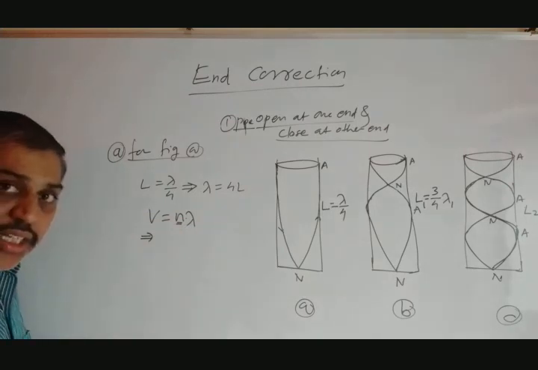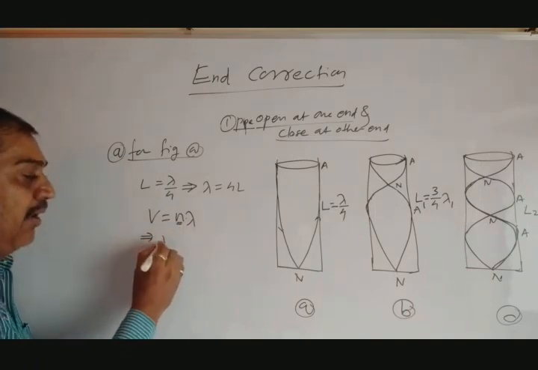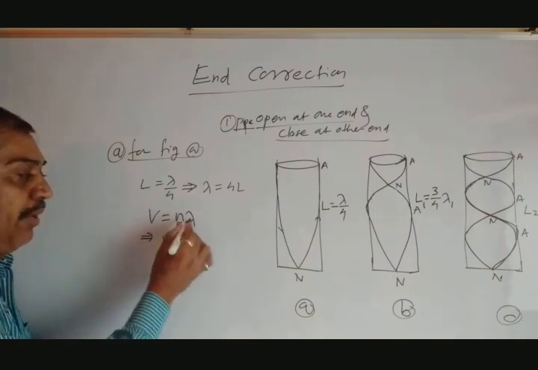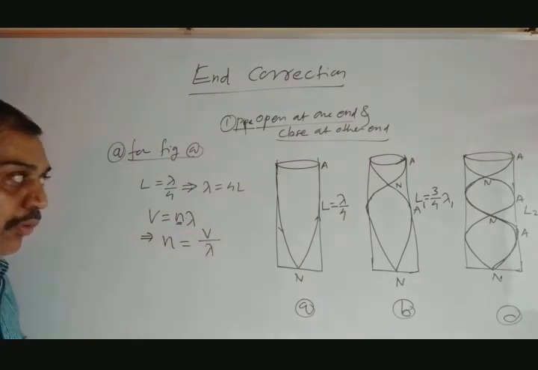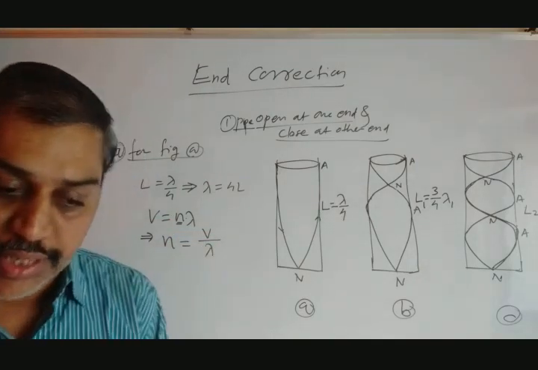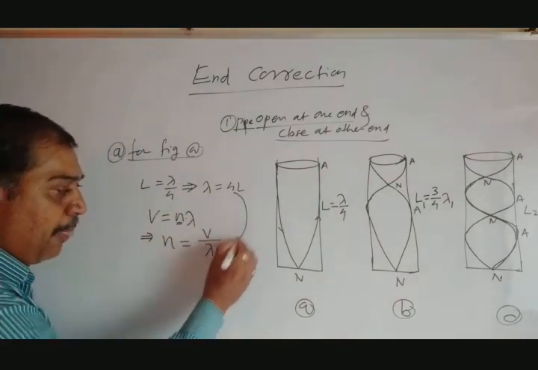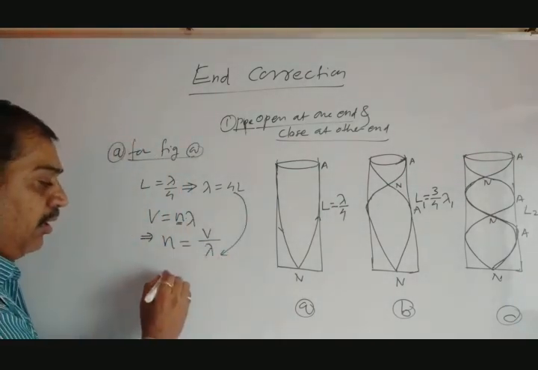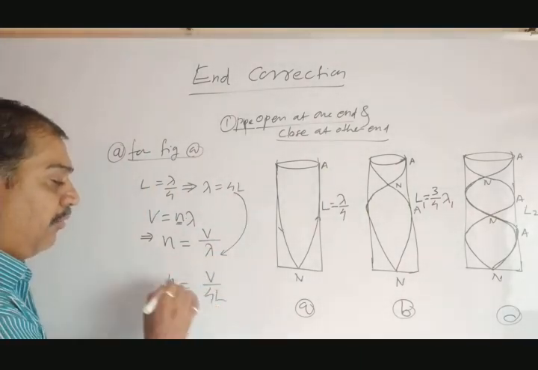We are interested in fundamental frequency, harmonic and overtone. So we are interested in frequency. Find out N. N equal to V by lambda. In this case, what is the value of lambda? 4L. Put it here. We can write N equal to V divided by 4L.